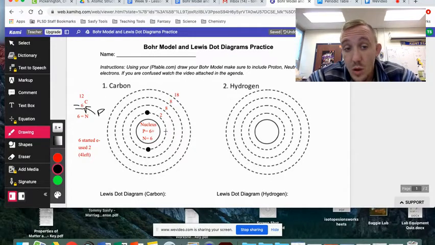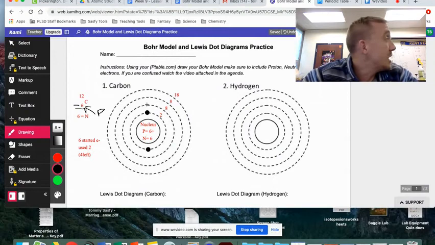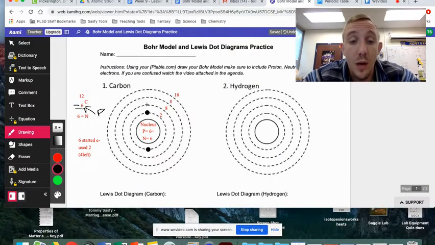Now, what I like to do is start on the second energy level, but I'm going to go clockwise. So I'm going to go top, right, bottom, left. Now, I have added 4 more electrons.